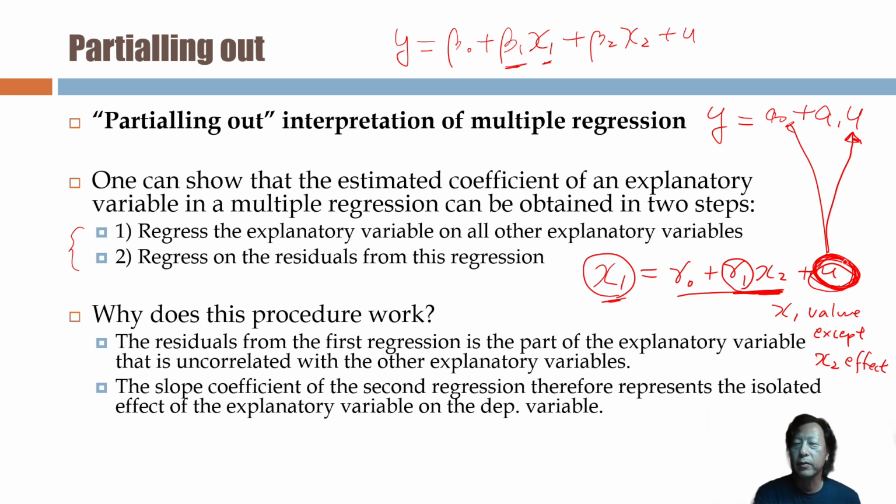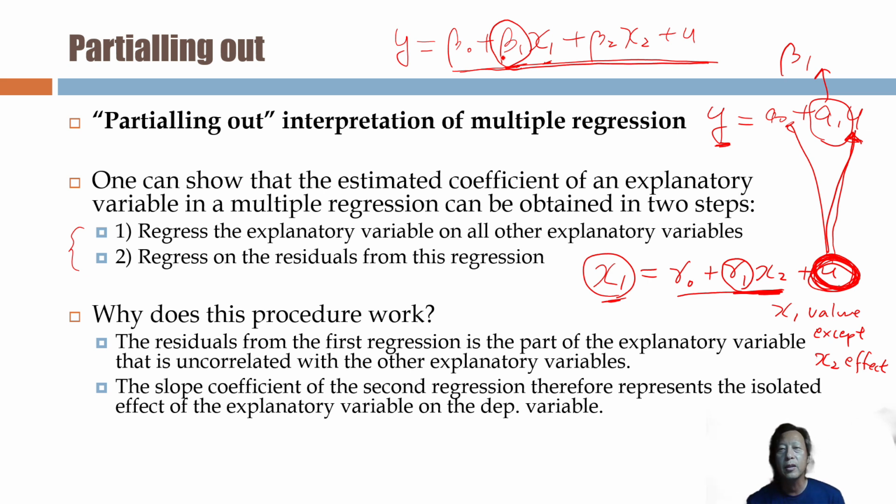And then if I use this one to estimate y, then this a1 should be the same as beta 1. Which means if we do the regression with all the variables together, this beta 1 is only the x1 effect, excluding the x1 part that can be explained by the other variable.